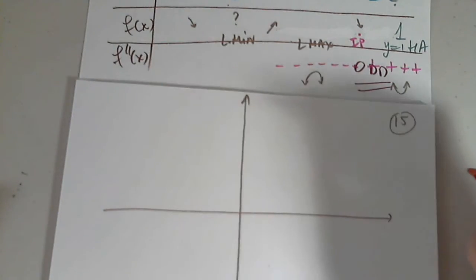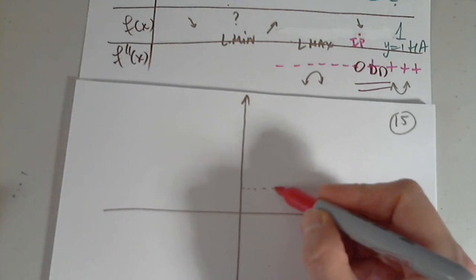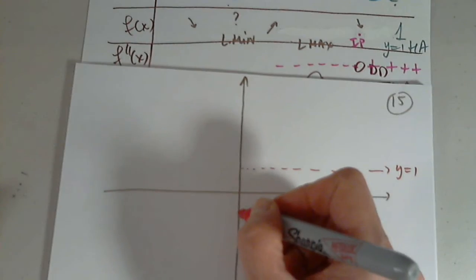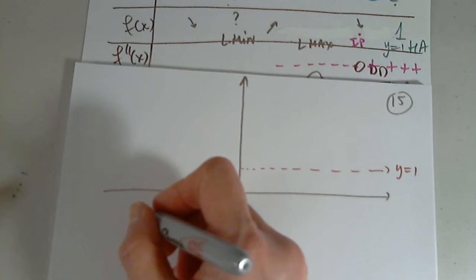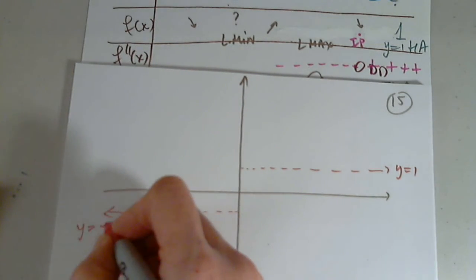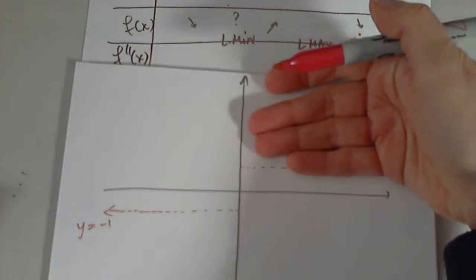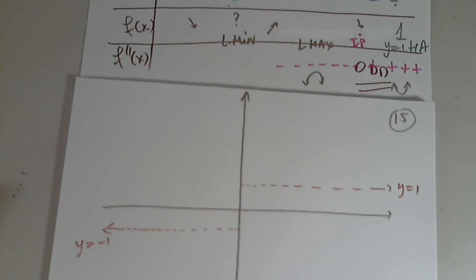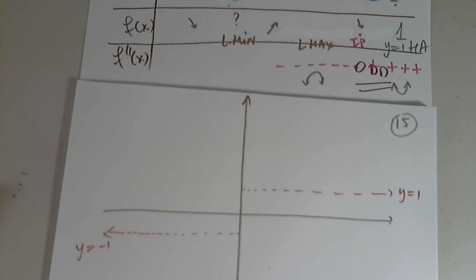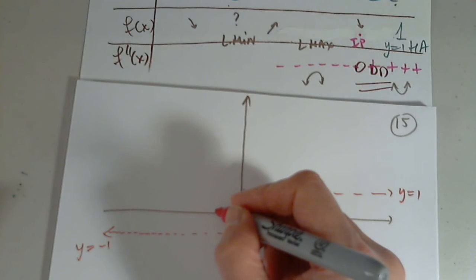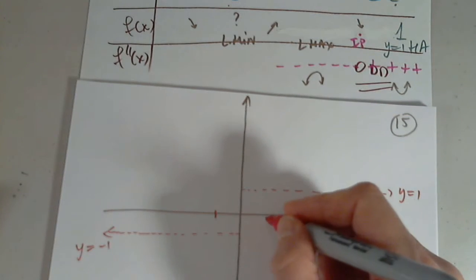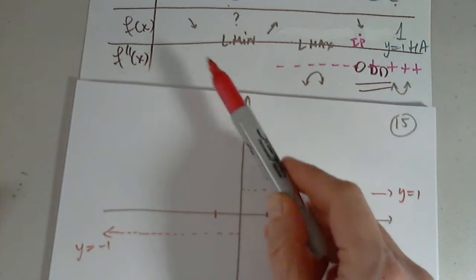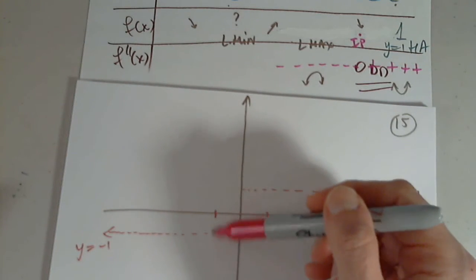Since the function is odd, I know that it has a horizontal asymptote at 1 towards infinity, but it has to have a horizontal asymptote y equals -1 towards negative infinity, so that whatever I graph here has to be on the other side. Okay, so I have a -2, I have a +2. The function is decreasing to a local minimum here.